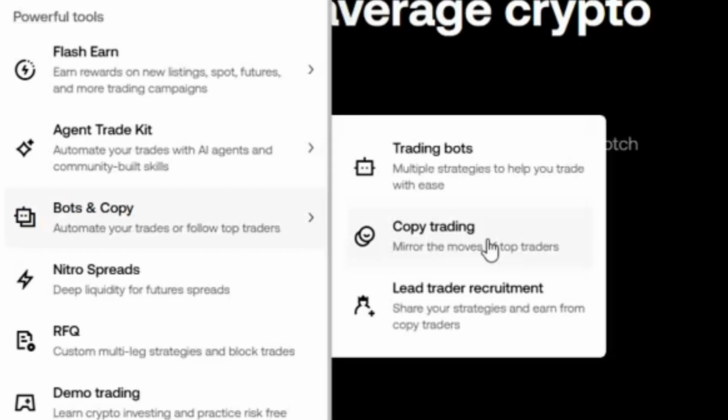Because on your first time of trying this out, there are higher chances of you making mistakes, right? And because you're likely to make mistakes, there are higher chances of you losing your money. So if you start with small amounts of money, that will be so good for you because you won't make some major losses. So I'm gonna click copy trading.